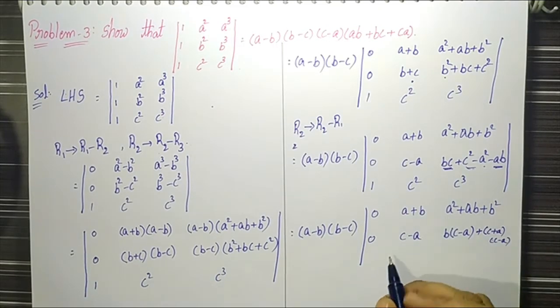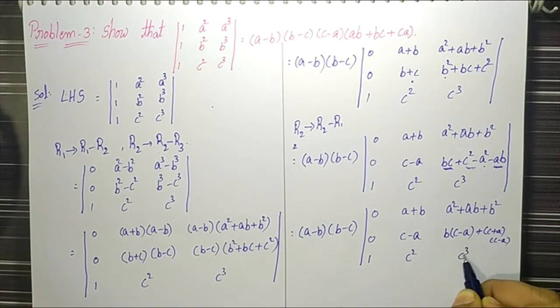We write down the last row below: 1 c² c³.